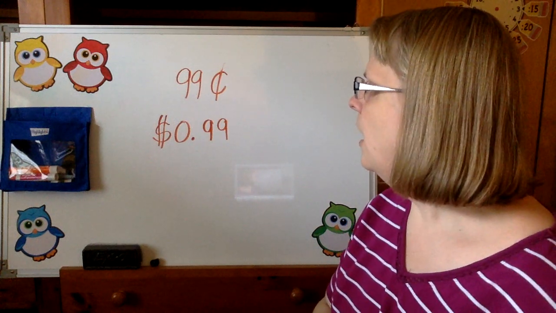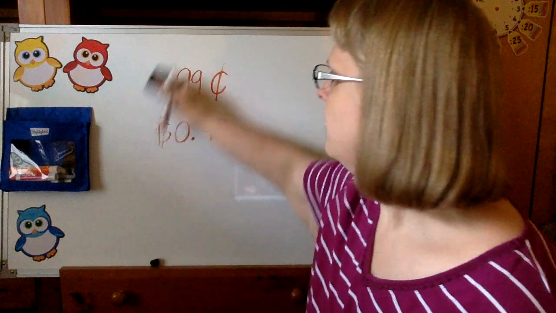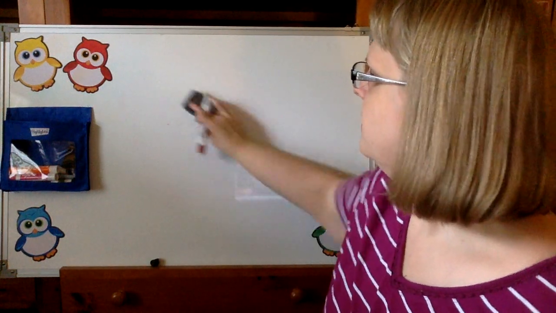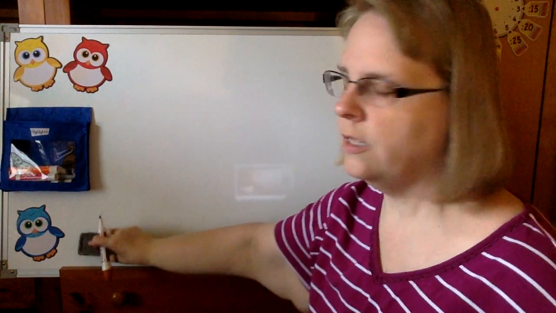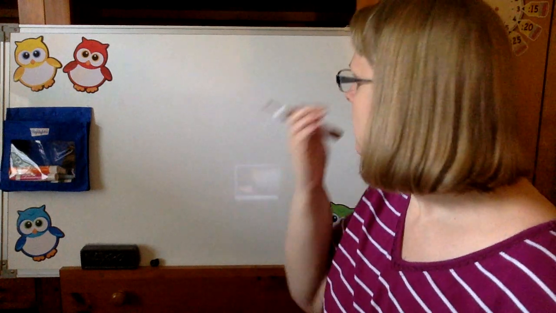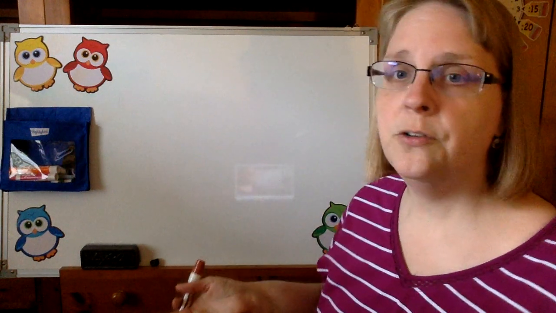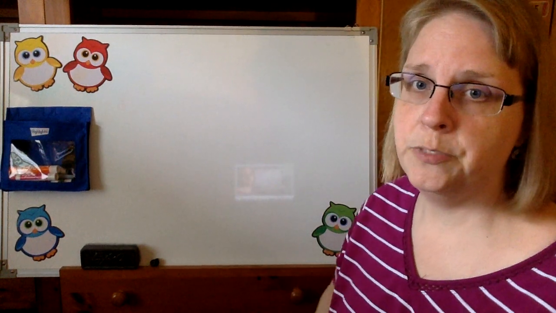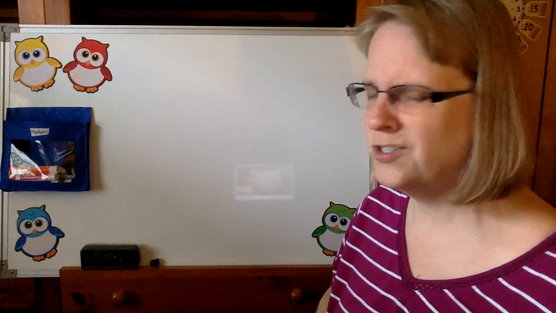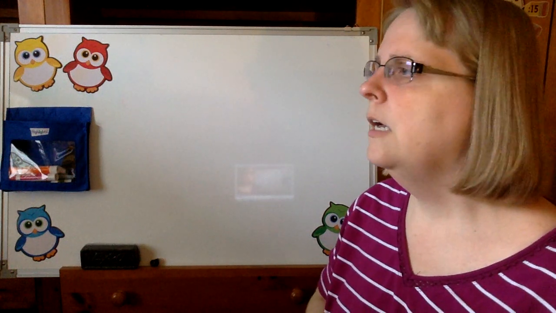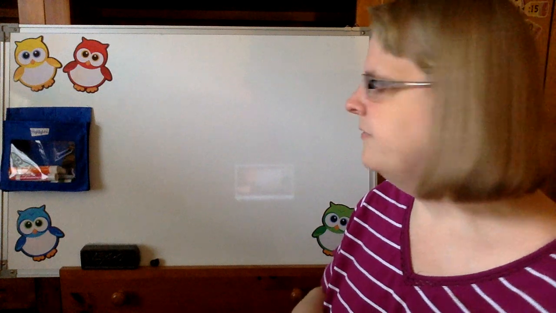So now that we have that out of the way, we're going to talk about adding and subtracting decimals or dollars and cents. So really, if you know how to do money, you know how to do decimals for the most part. There's just a few minor things that I'll try to talk about in my video.